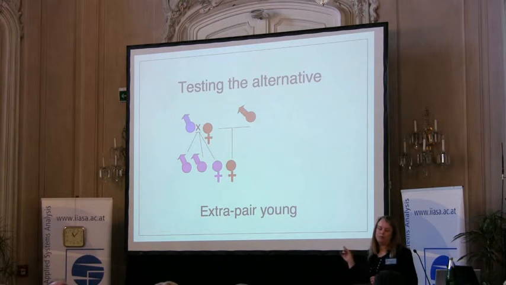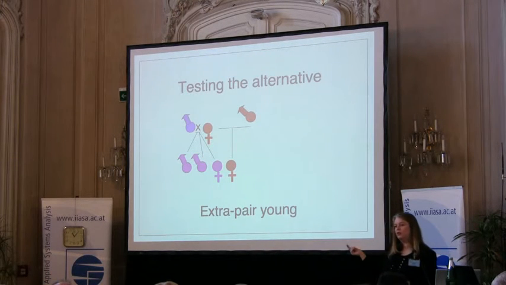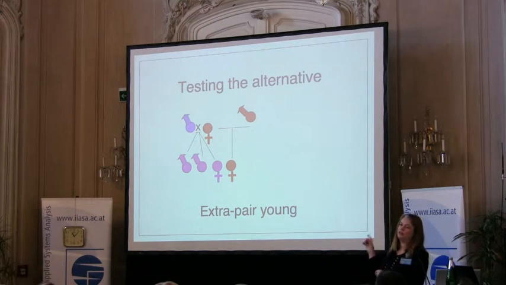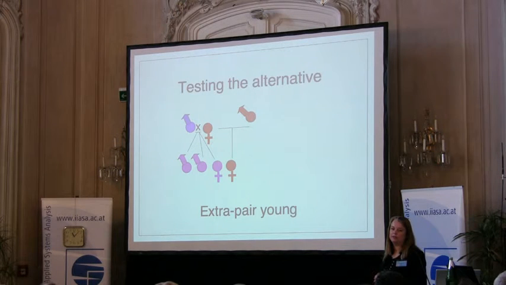So there are some female offspring that have a genetic father belonging to one species and a sort of stepfather belonging to another species due to extra-pair copulations. And you could use that to tease apart these different explanations. And we did find that it was actually the genetic father that mattered.